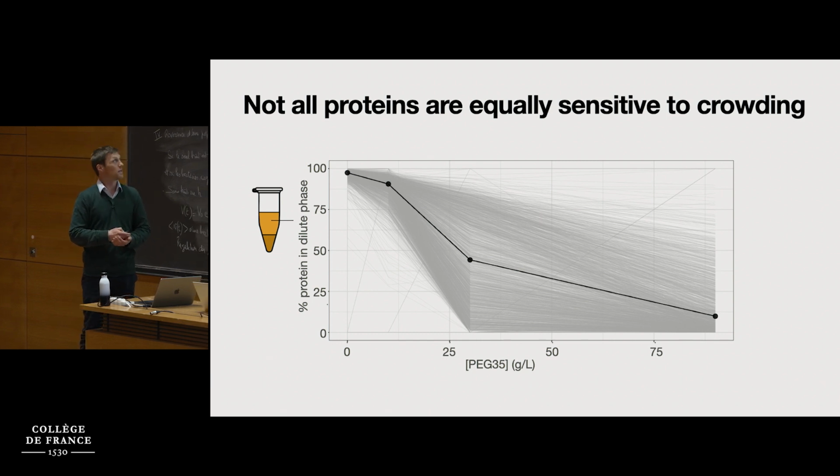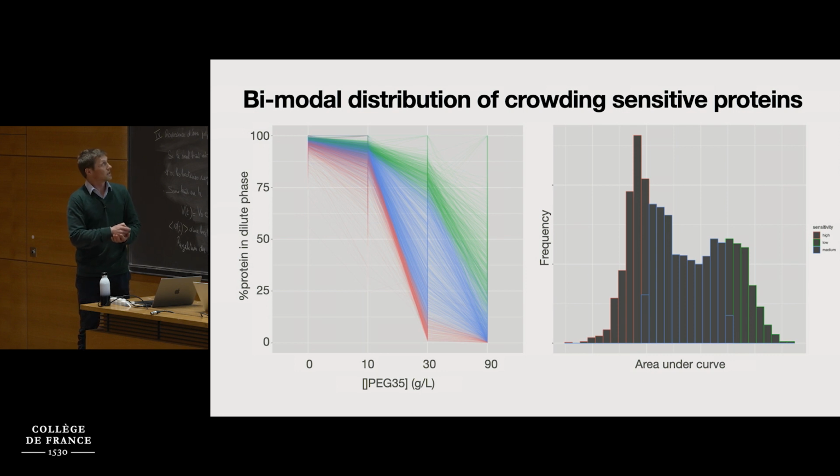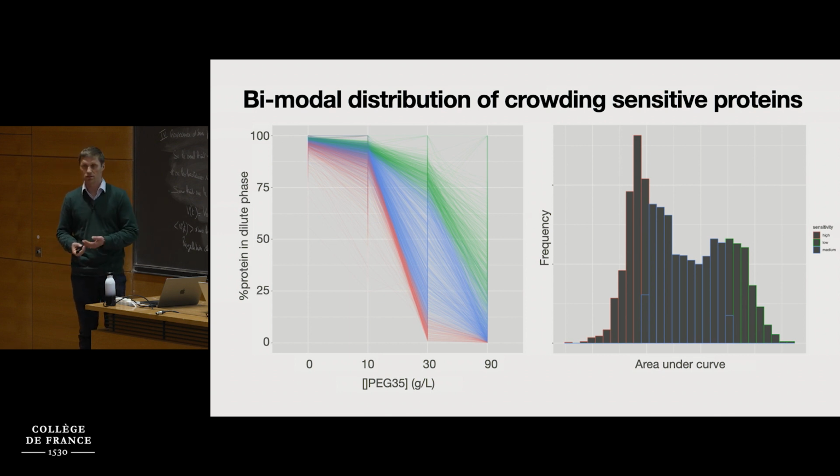So when you analyze this area under the curve here, you can see that there's a bimodal distribution, and we're now looking at the protein features that make them go on this side or on this side. So far, one of the features that really popped up is the size of the protein. I think smaller proteins prefer to be over here, and then larger proteins rather go into the separated phase.